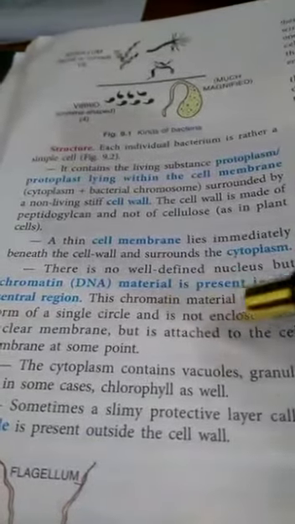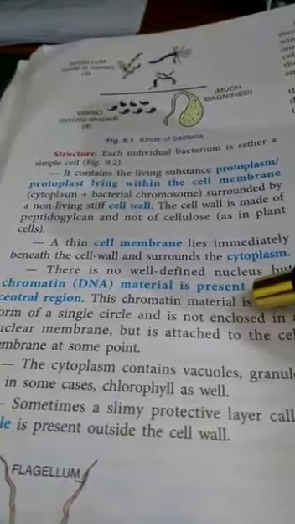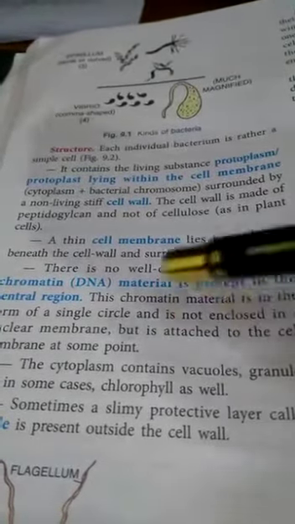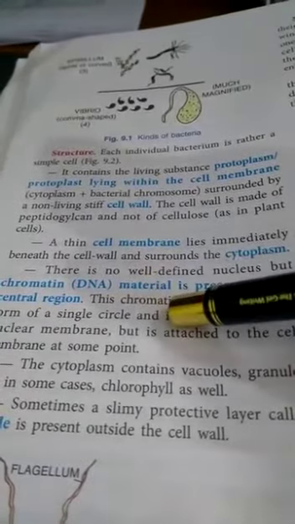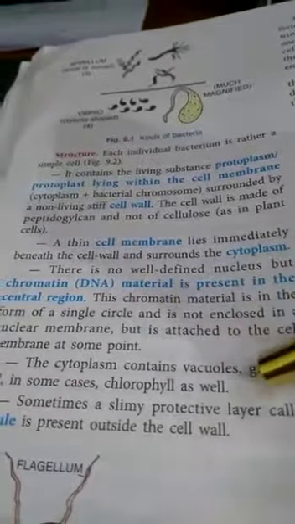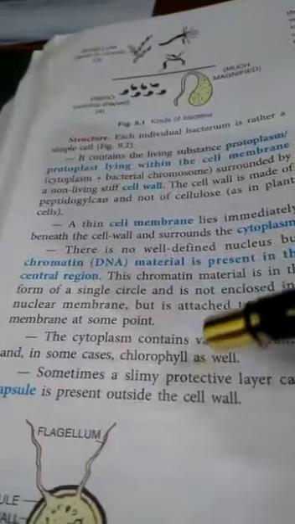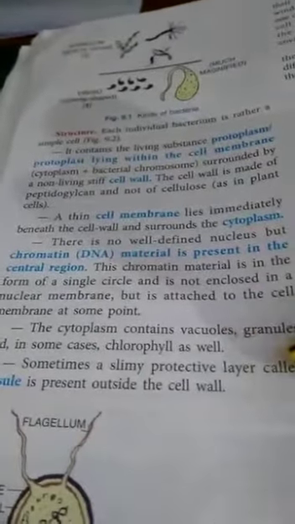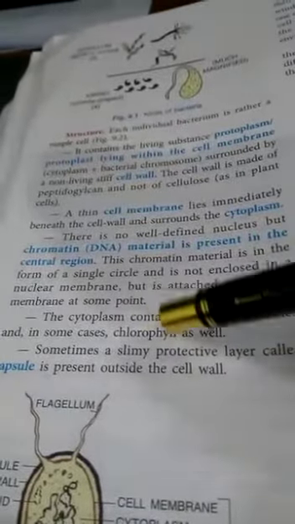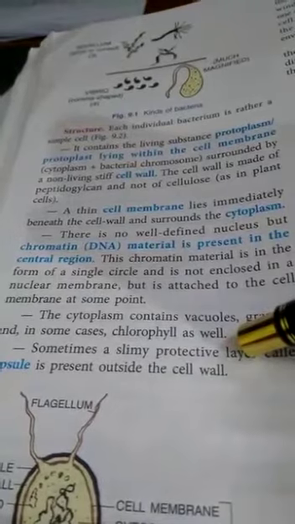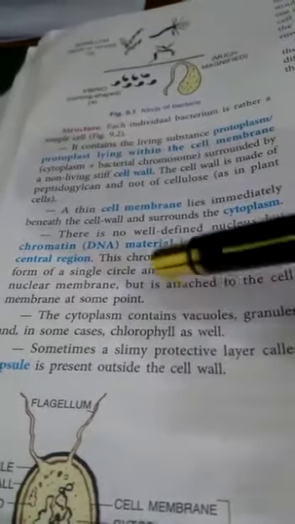We know that there is no well-defined nucleus because the nuclear membrane is absent. There is only a single chromosome that is circular in shape, and this circular chromosome may sometimes be attached to the cell membrane also. In some of the bacteria, chlorophyll may also be present in the cytoplasm.